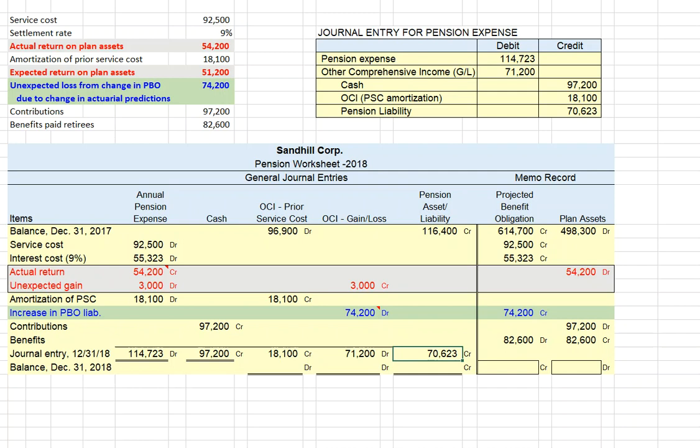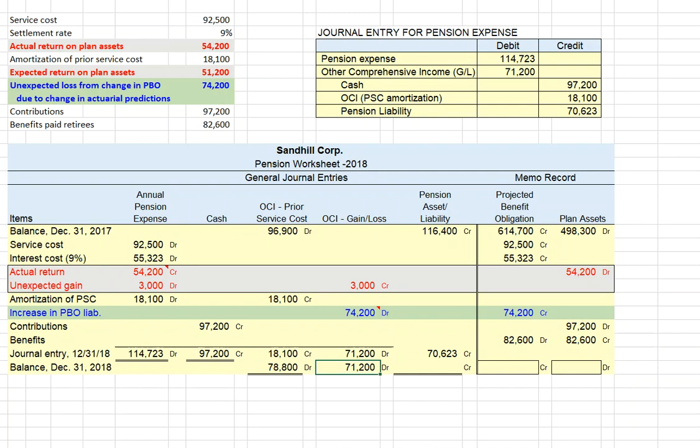Finally, we pick up the pension liability, and that pension liability is the plug that makes our journal entry balance, and we should see that it is the difference between our ending pension benefit obligation and our ending plan assets. Totaling up our columns, our current balance at the end of the year for the other comprehensive income is $78,800.